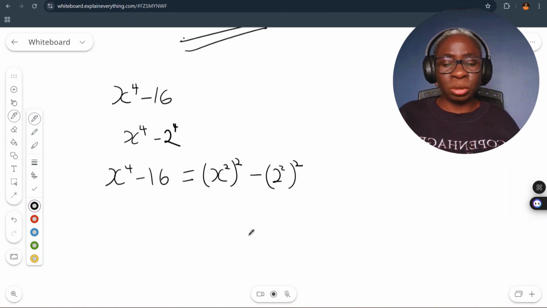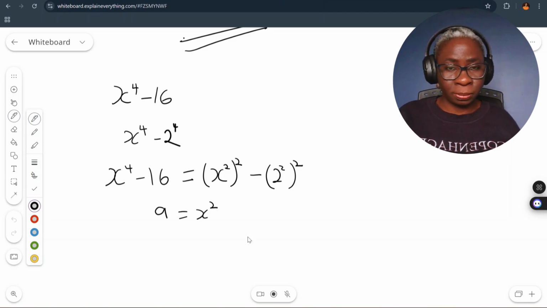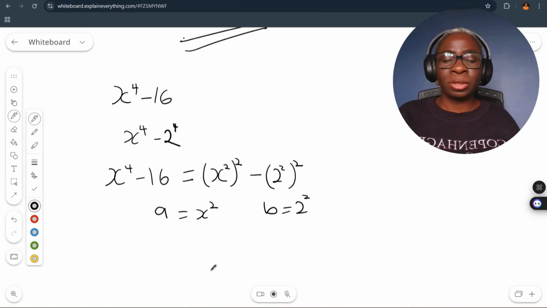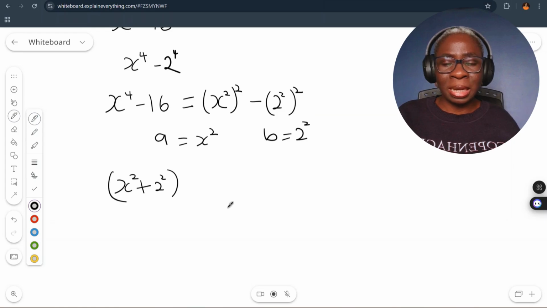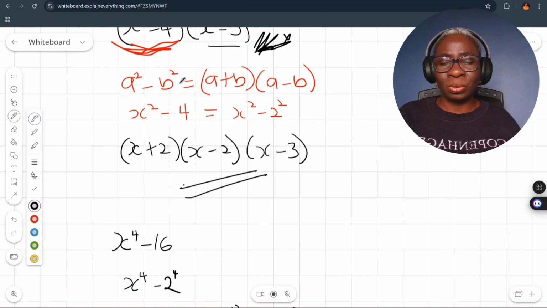So let's use, for this now, a will be equal to x squared and b will be equal to 2 squared, so that we will be having something like this: x squared plus 2 squared, then x squared minus 2 squared. Don't forget this rule.